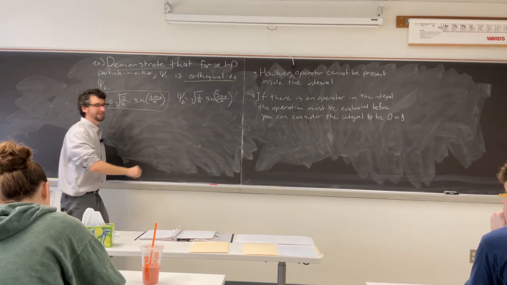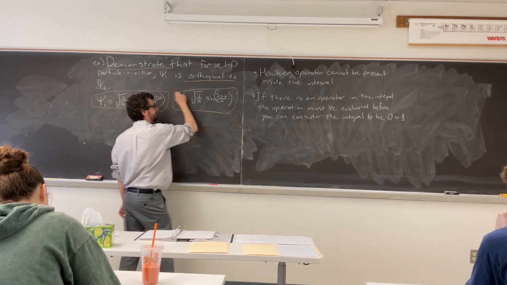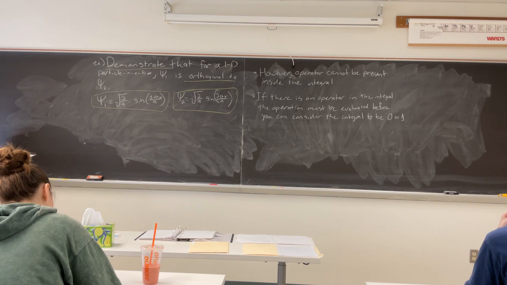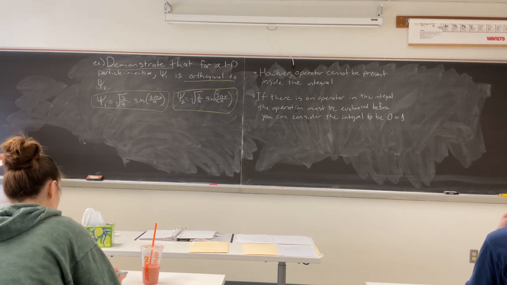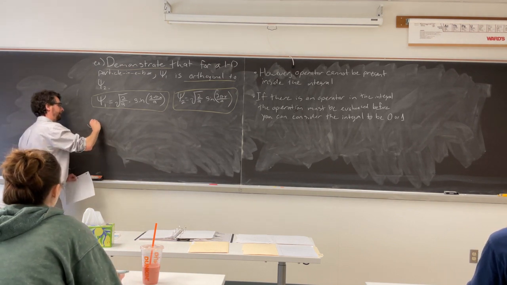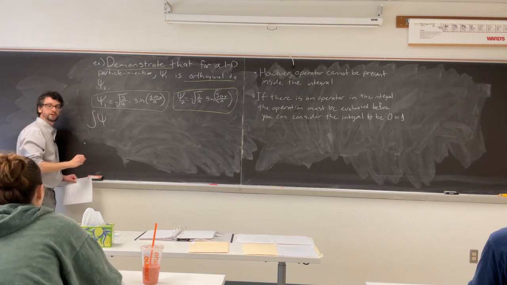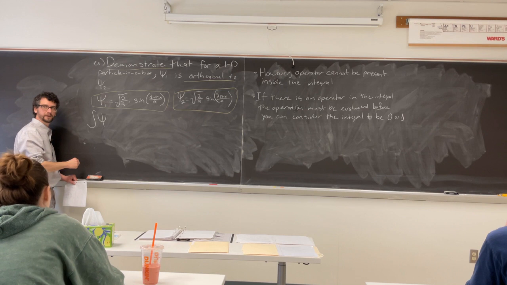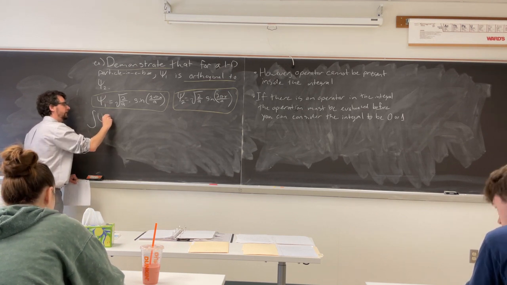Yeah, we're going to need the complex conjugate of those functions, or at least one of them. Okay. If we do this right, we're going to have an integral. What's that integral going to be? Yep.